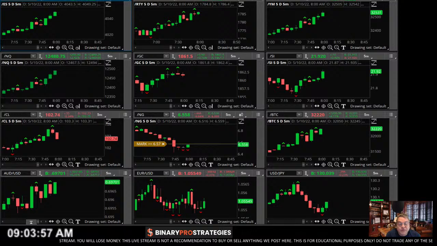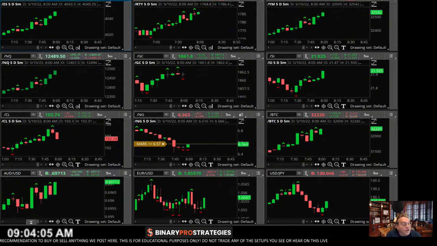Entry was 654, looking for 657. If we don't hit target, I will reverse it at 648. Looks like we're going to hit target though first.